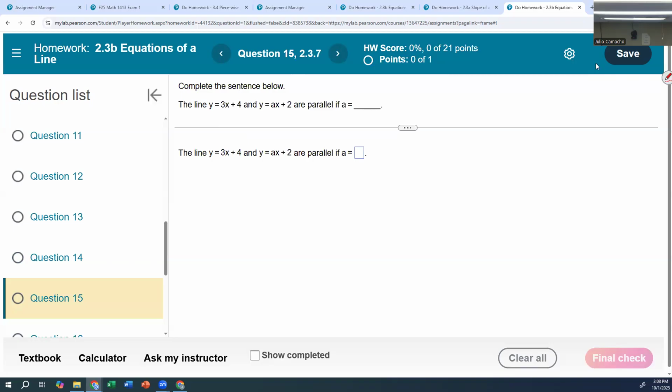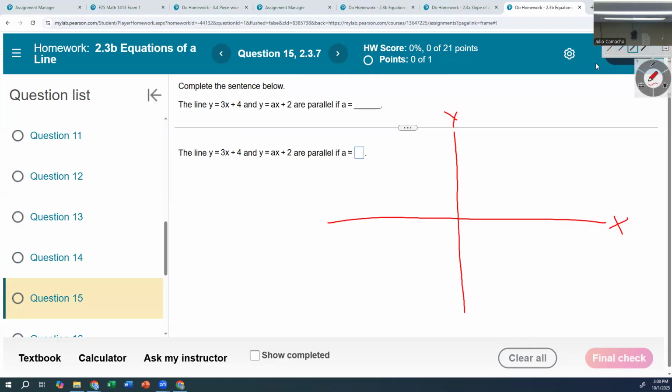Well, let me make a graph to explain this to you. That is your y-axis and your x-axis. Let me put some points.